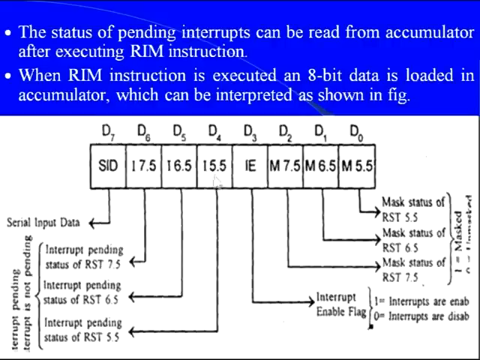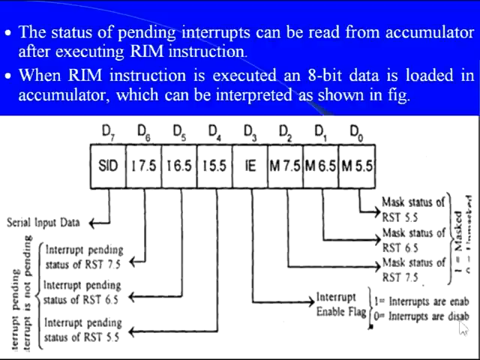Now bit D3 is known as the interrupt enable flag. 1 means interrupts are enabled, 0 means disabled. So this RIM instruction is for knowing the status only. By using the SIM instruction, we are setting the interrupts, but by using the RIM instruction, we can understand the status of the interrupt.